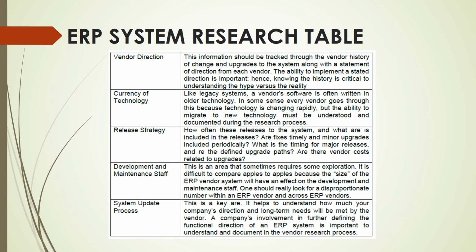In continuation, there are also other items like vendor direction, currency of technology, release strategy, development and maintenance staff, and system update processes. You can read on the right side of the table the description for each.